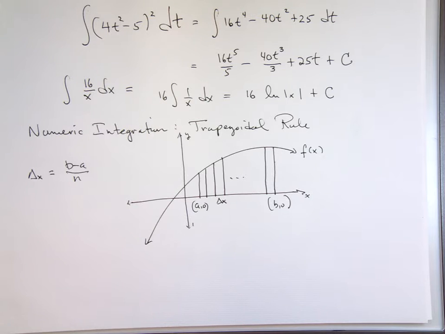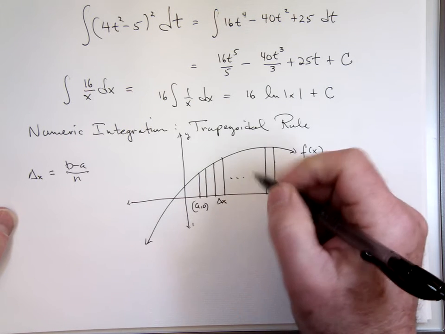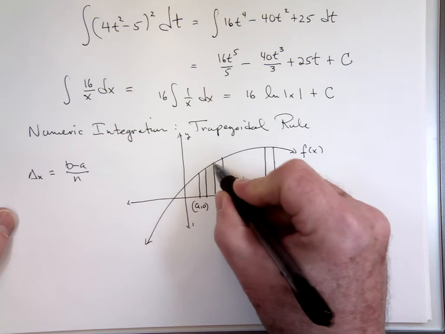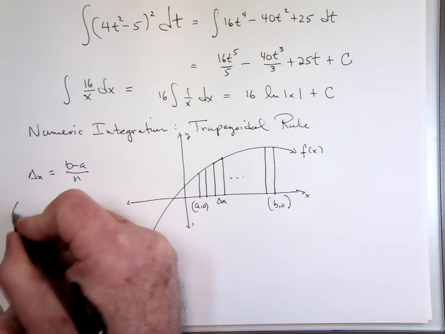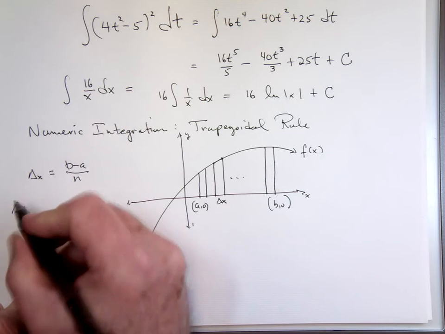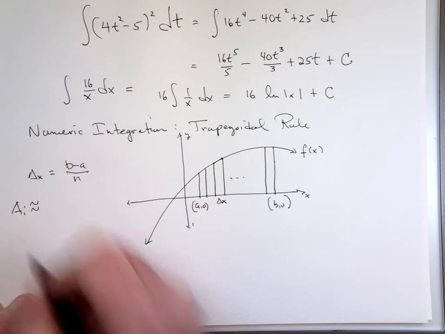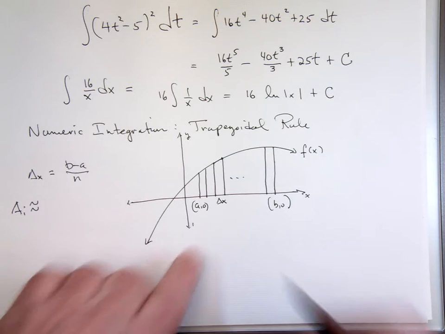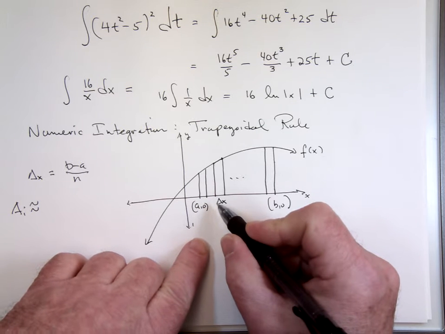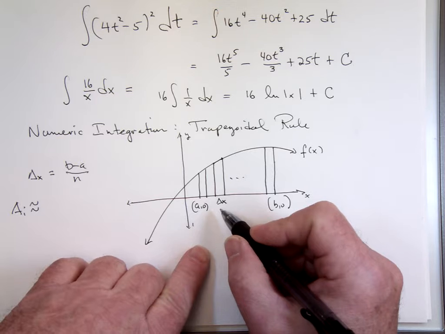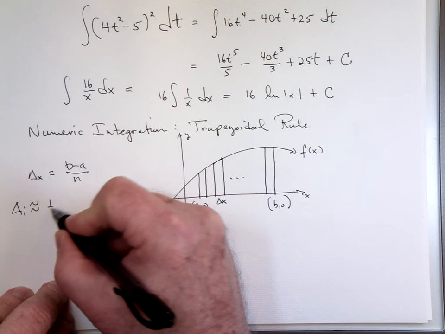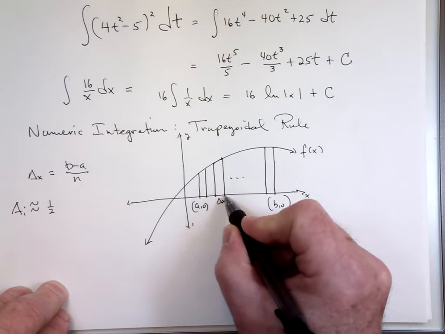Now, let's take a look at this trapezoid. This particular area, this ith area, say, is going to be approximately equal to 1/2 the height times the sum of the bases. That's the formula for the area of a trapezoid. Now the height is the distance between the parallel bases.